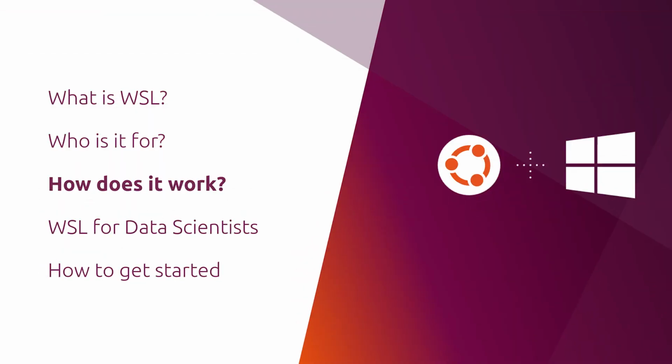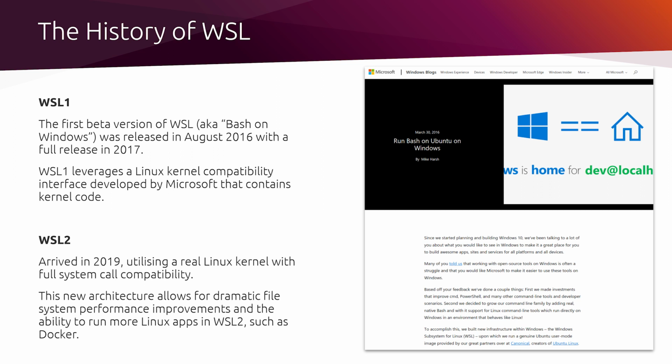I'm going to hand over to JB to talk a little bit about how this miracle works. Thank you, Oliver. So a bit of history of WSL, because WSL is a very young technology and maturing very quickly. So it's evolving very fast. The first version of WSL was released in August 2016, with a first release in 2017.